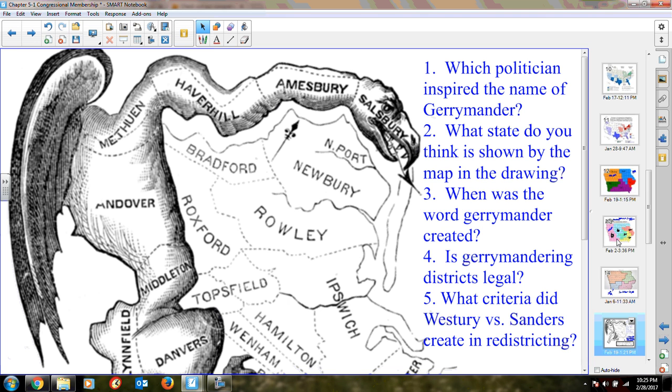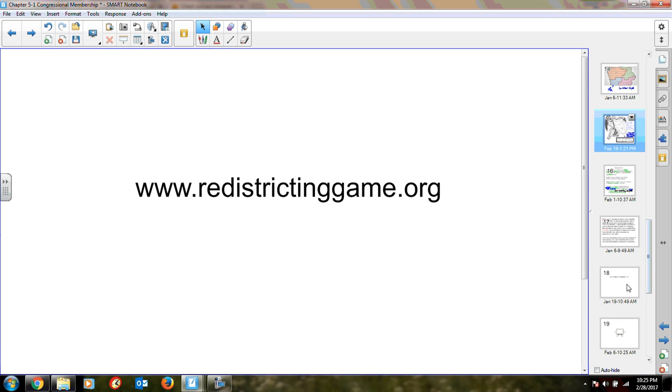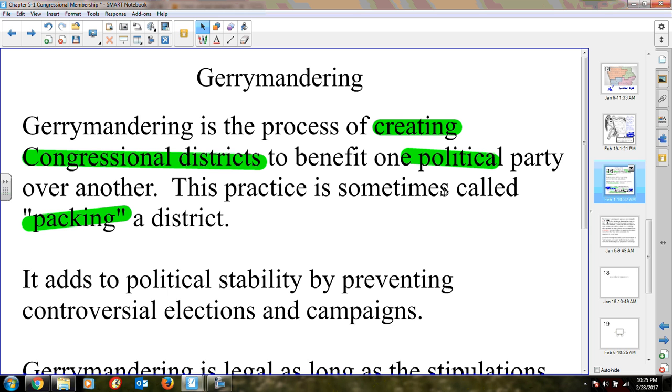Okay? So what we're going to have you do is go to a website called www.redistrictinggame.org. There it's going to require that you follow the directions of how to make a district. Well, how do you do that? Our district is what is called gerrymandering.